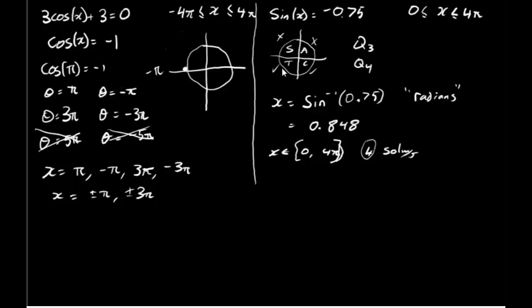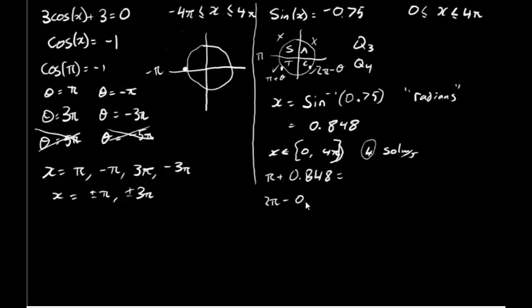So our first one is going to be when we have pi plus theta for the position over here. And our angle, as we worked out, was 0.848. For this one over here, we'll have 2 pi take our angle.